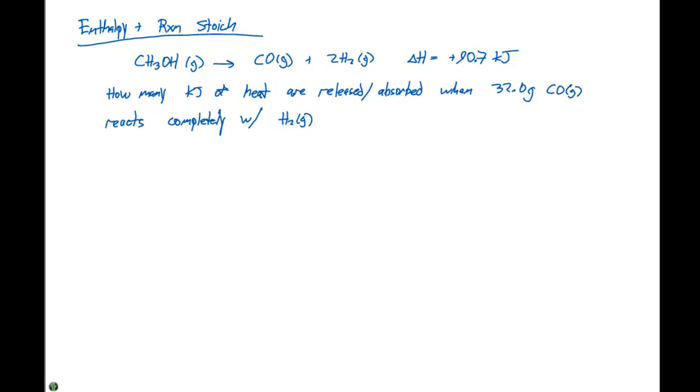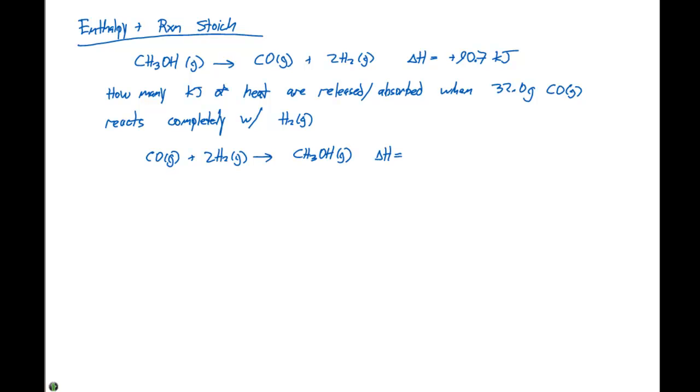So now the question we're asked is how many kilojoules of heat are either released or absorbed when 32.0 grams of carbon monoxide reacts completely with hydrogen gas. So we need to express this reaction, and that's going to be CO gas plus 2 hydrogen gas, giving us CH3OH as a gas.